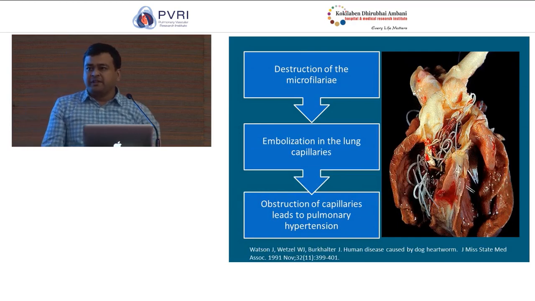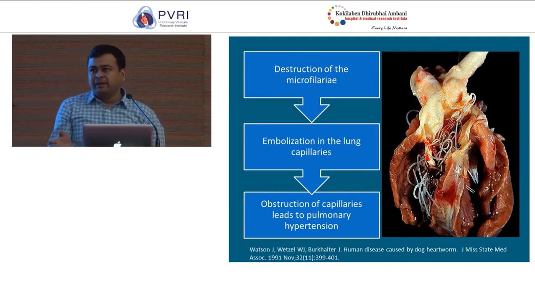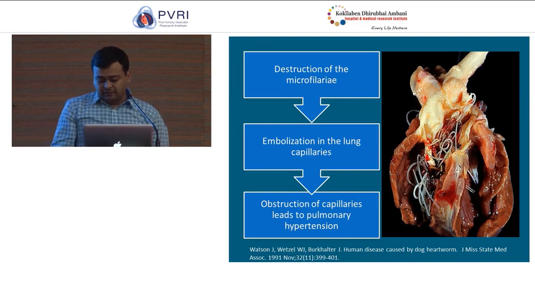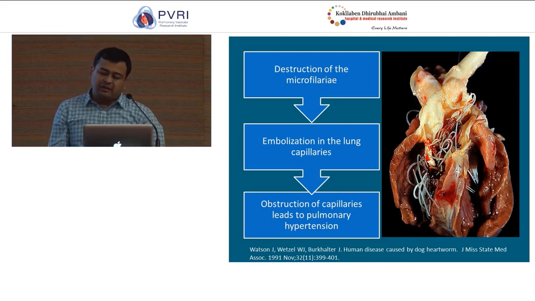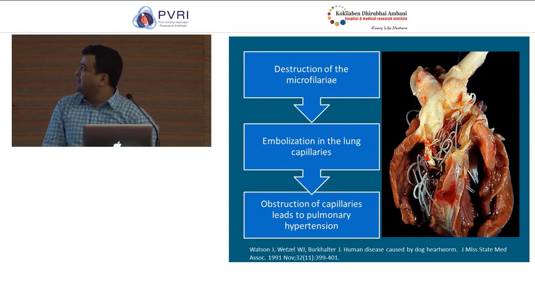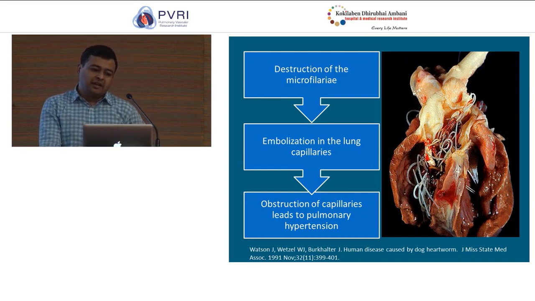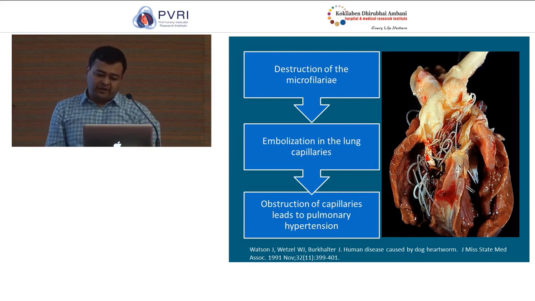But none of our patients had pulmonary fibrosis. So maybe at later stages, they can present as pulmonary hypertension. The other hypothesis was based on a dog study, which is that destruction of microfilaria can lead to occlusion or embolization in lung capillaries, leading to obstruction of capillaries and pulmonary hypertension.